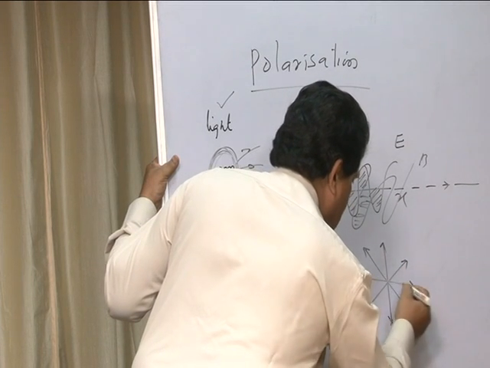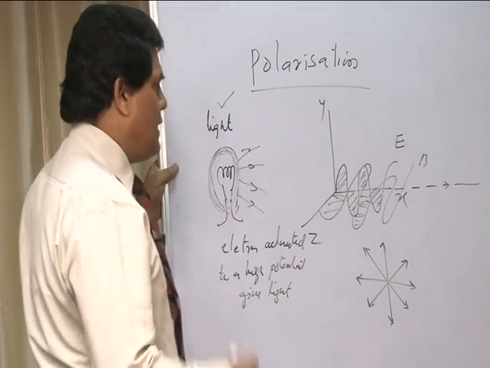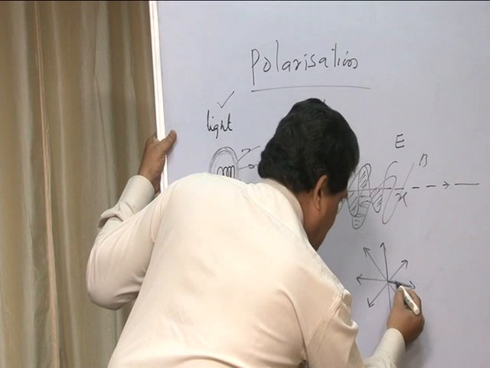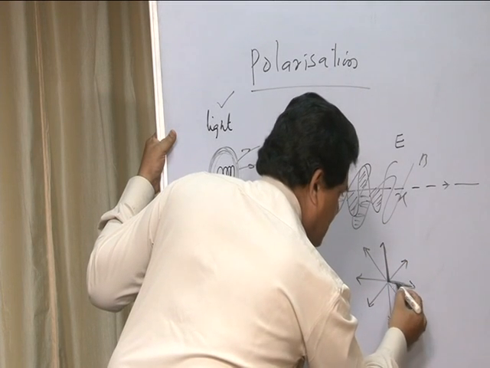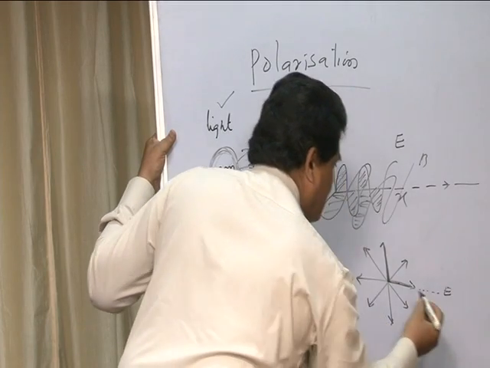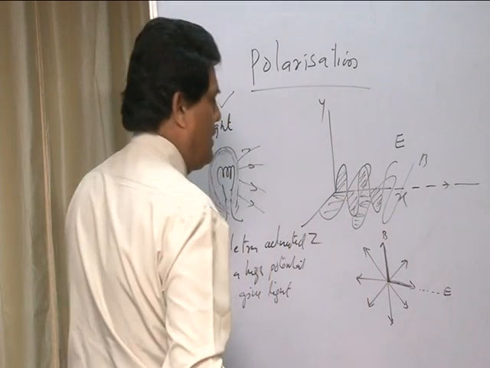Here let us imagine these two are taken as two mutually perpendicular fields, this is an electrical field, and say this is the magnetic field.